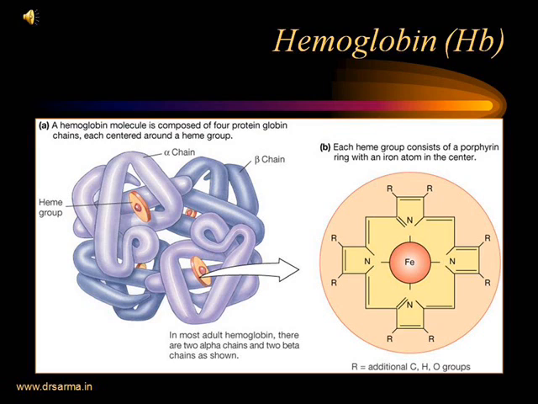So, for the synthesis of hemoglobin, we require the central iron core atom, the formation of the 4 peripheral rings, and the formation of 4 globin chains, the 2 alpha and the 2 beta chains. Abnormalities in any of these areas can lead to defective or decreased synthesis of hemoglobin.